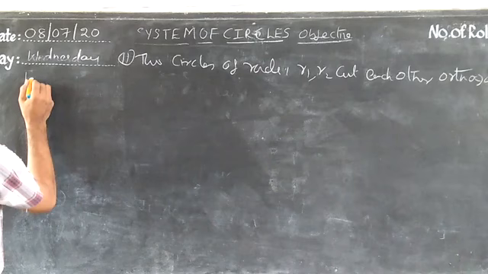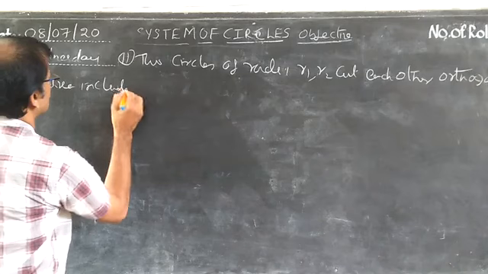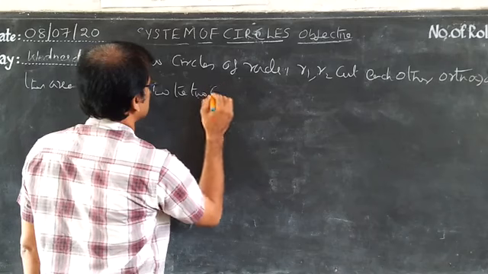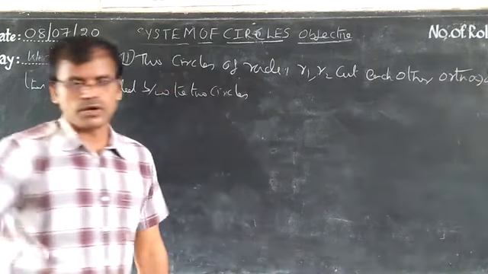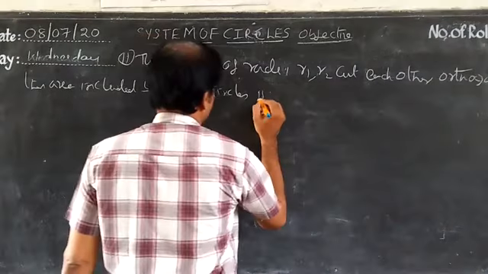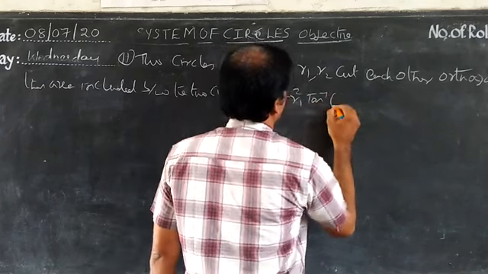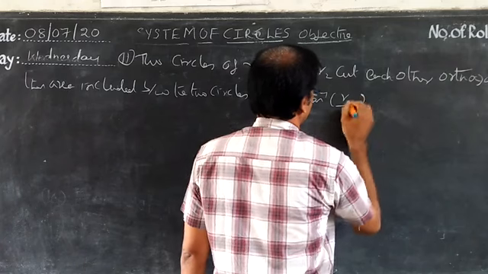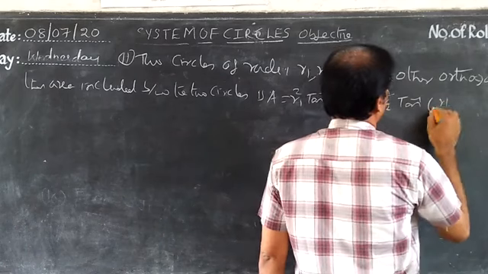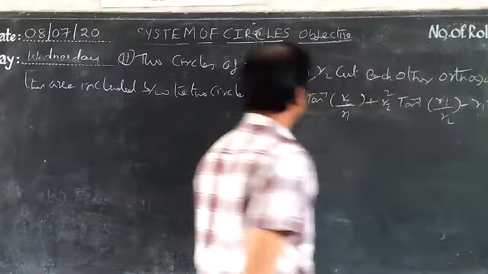Then the area included between the two circles is capital A equals R1 square tan inverse of R2 by R1 plus R2 square tan inverse of R1 by R2 minus R1 R2.